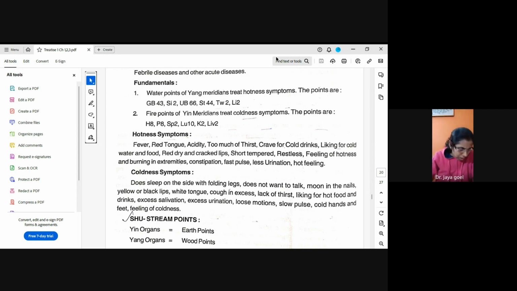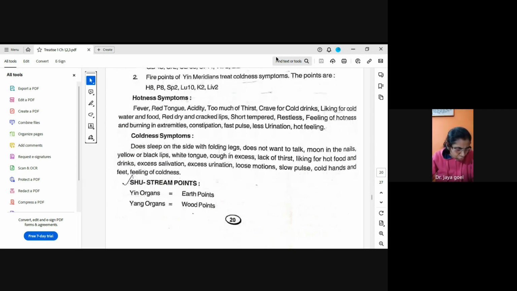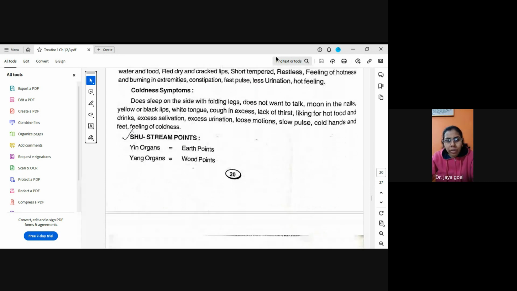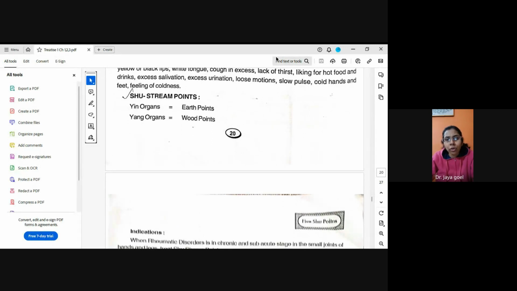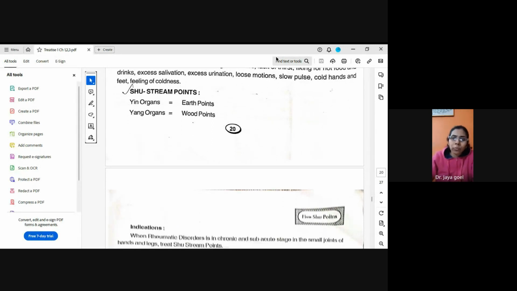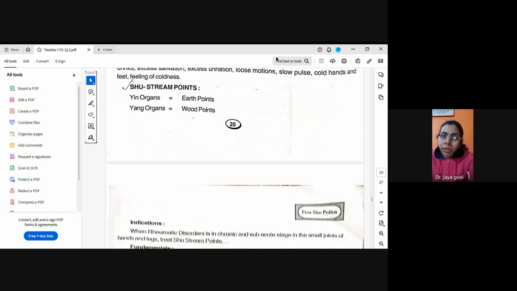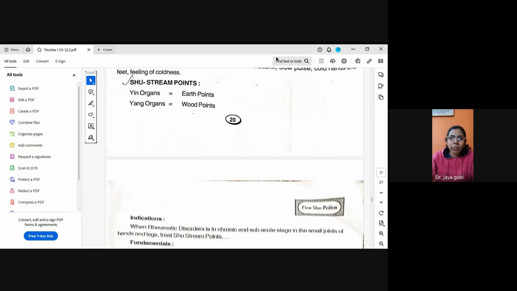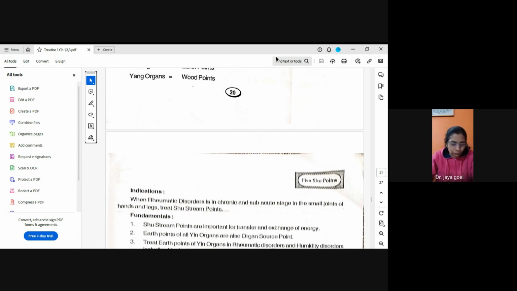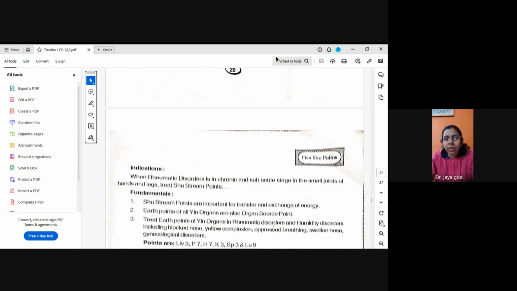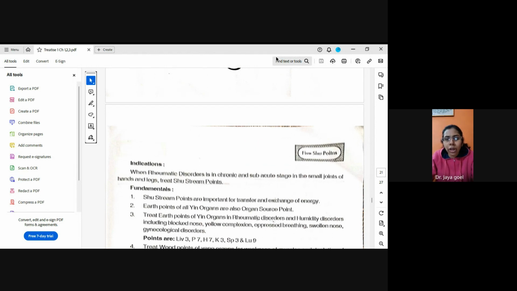Now we come to the Shu stream points. Yin organ, earth point, and yang organ, wood point. Again, wood is the controller of the earth point. You will learn it. These Shu stream points are given for rheumatoid disease, in the chronic or subacute stage.